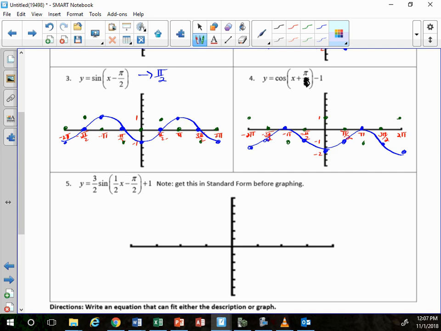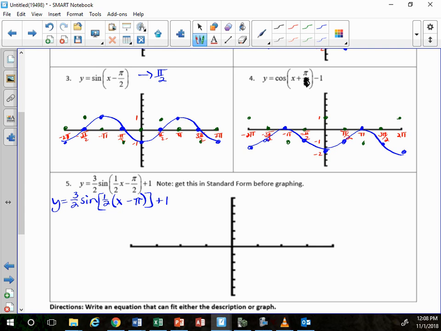So this is really y equals 3/2 sine of 1/2 times (x minus pi), and then plus 1 is out here. Does that make sense? Always double check: once I factor it out, if I multiply 1/2 x and 1/2 times pi, that would be pi over 2. I factored correctly.